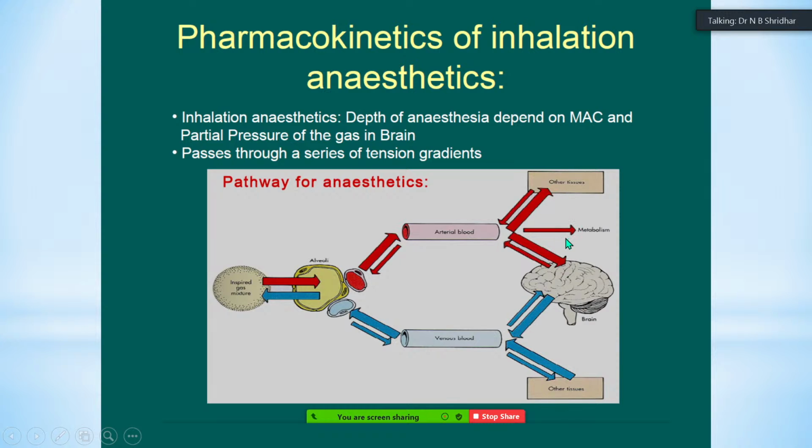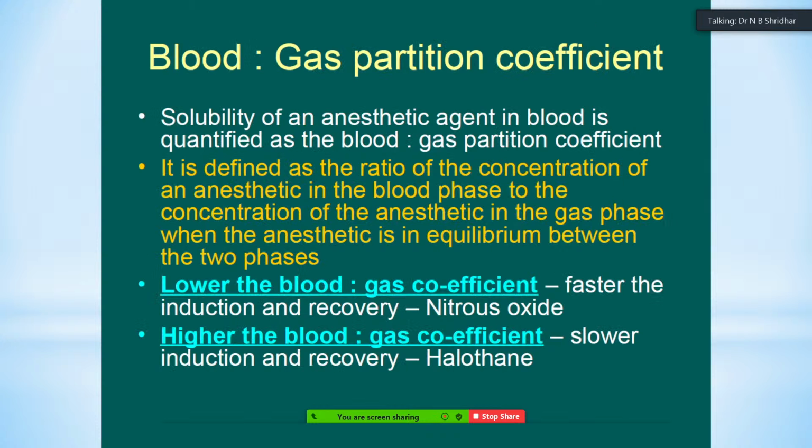Then they go to other tissues, metabolism occurs simultaneously, and the anesthetic enters the brain and the venous blood. Once again it comes back to the heart, then from the heart to the lungs. Sometimes the excretion also takes place through the lungs.